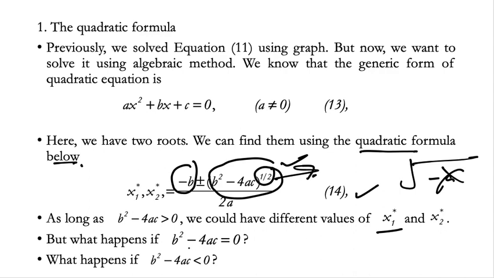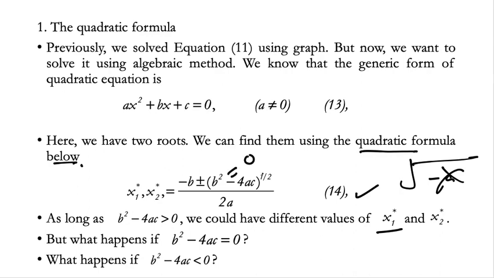What happens if b squared minus 4ac equals 0? Now let me clean the mess here so that we can see clearly what I'm talking about. Alright, so if the one in the bracket here equals 0, the square root of 0 is 0. Then the whole thing here becomes minus b over 2a plus or minus 0.